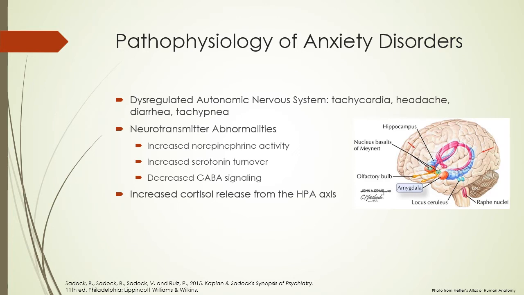GABA causes CNS inhibition, and in patients with anxiety, they found out that the levels of GABA are low, the production of GABA is slow, and when they give patients with anxiety disorders the GABA antagonist flumazenil, they found out that these patients experience an acute panic attack.